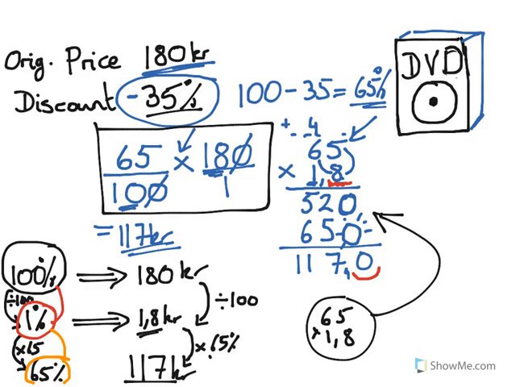We went from 100 to 1% by dividing by 100, and we went from 1 to 65 by multiplying by 65. Either of the techniques is fine. Good luck with this question.